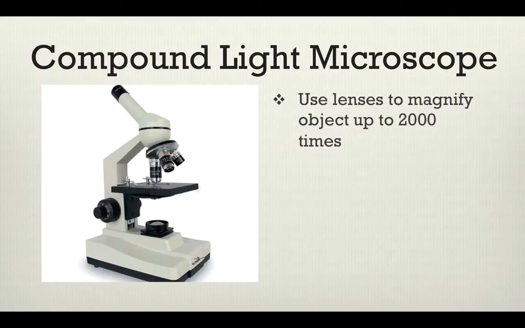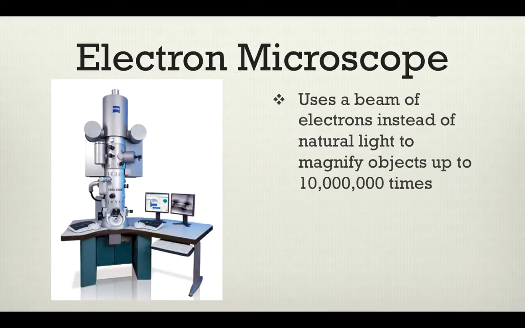So that is impressive, but when we get to our next type of microscope, the electron microscope, we'll see why that's not as impressive. We also have electron microscopes. As you can see from the picture, electron microscopes are a little different than compound light microscopes. They use a beam of electrons instead of natural light to magnify images.